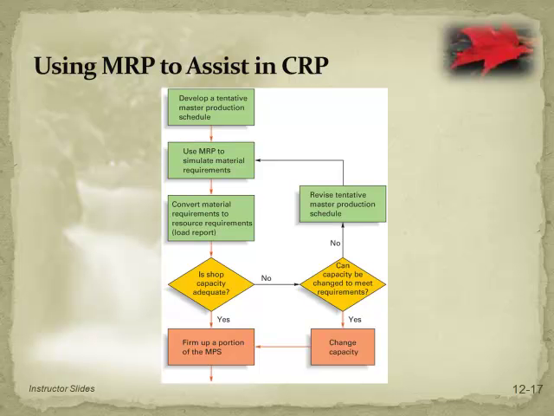Let's say it takes 1 hour to produce one unit, and we need to produce 100 units on a given date. Then we need 100 machine hours, 100 times 1. That's the capacity required, and we know the date that we need it.